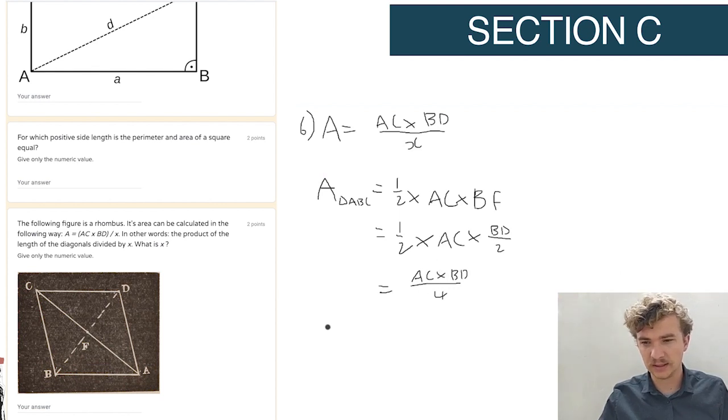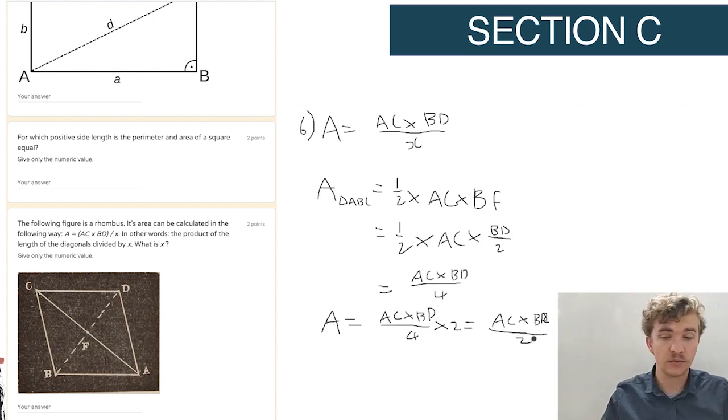That means the area of the whole rhombus is equal to AC times BD, everything over 4, times 2, and now you have AC times BD, everything over 2. That's a formula that you'll commonly find on Google if you search for the area. So the answer is 2, since they asked us what is X. And that is the end of the section.